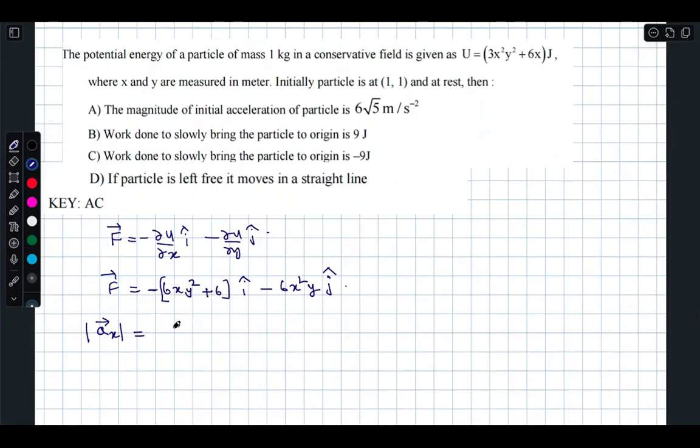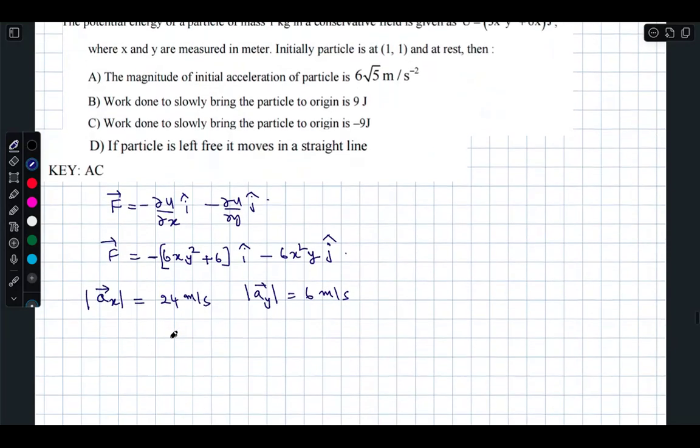You will get 6 plus 16, 24 meter per second square. What is AY bar magnitude? Everything is 1, 6 meter per second square. So what is acceleration? Under root AX square plus AY square, root 24 square plus 6 square.